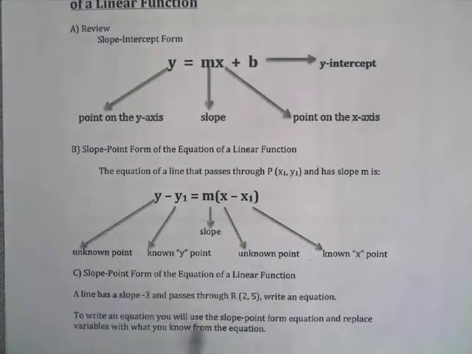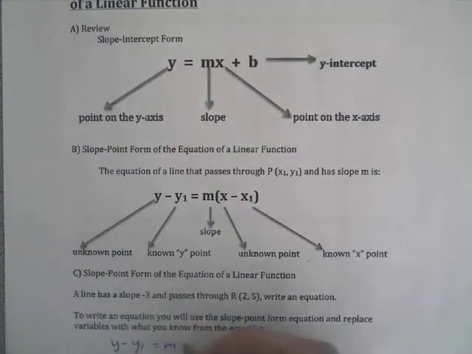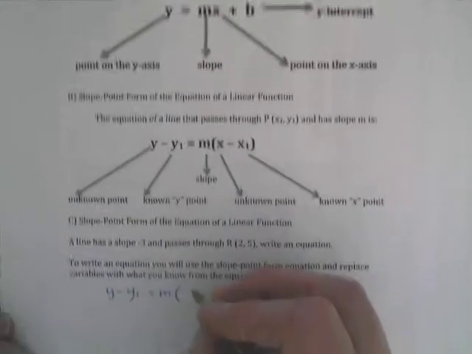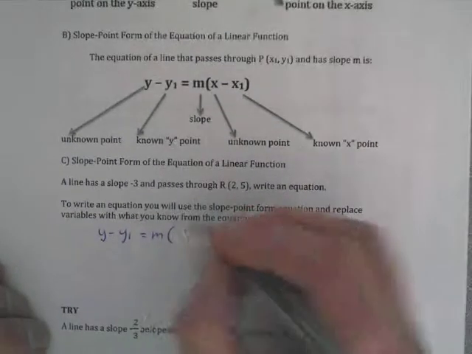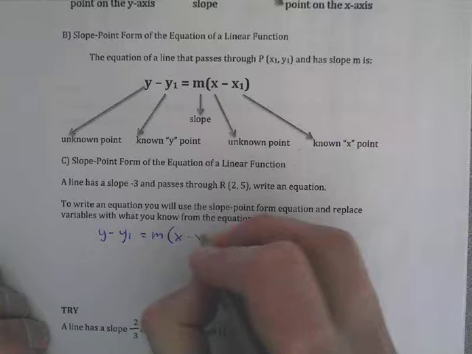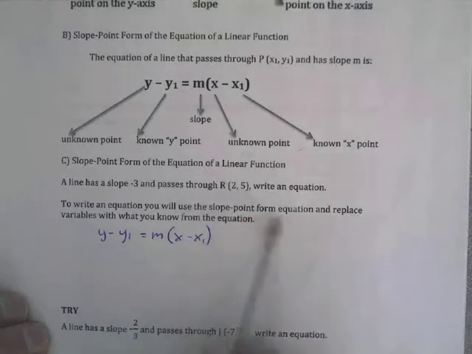So to write an equation, you will use the slope-point form, which is y minus y1 equals m times x minus x1. Replace the variables with what you know from the information.